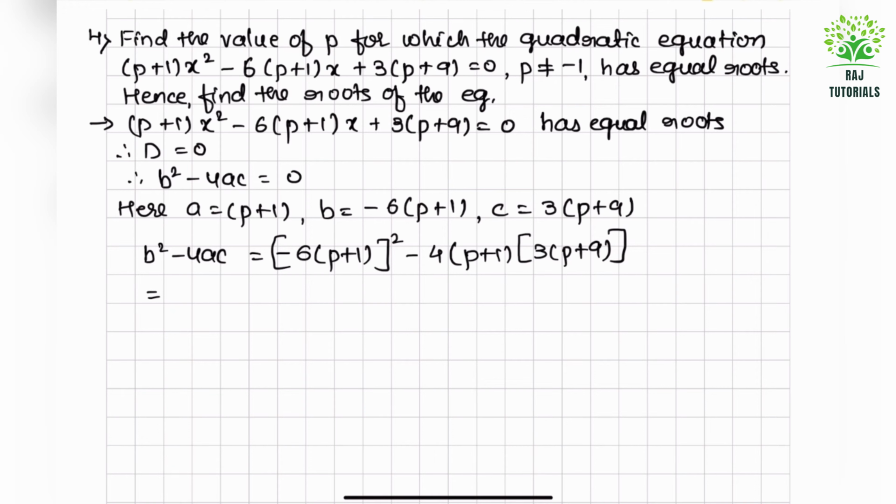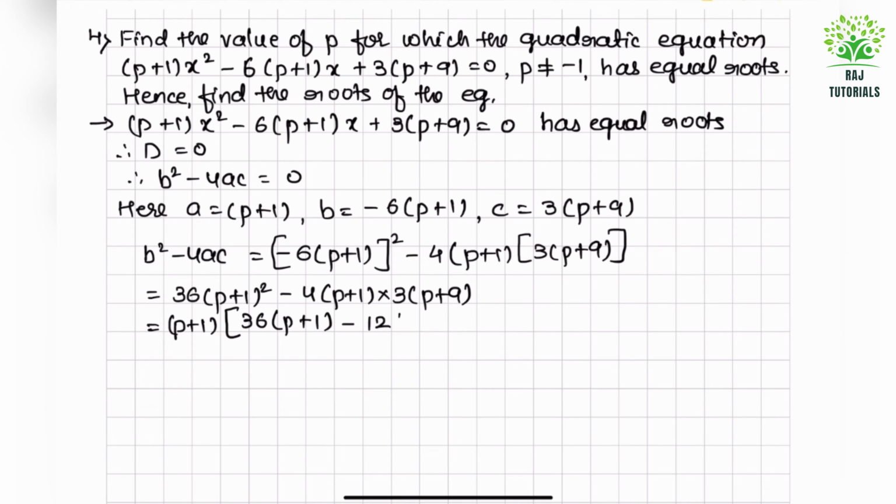So that will be 36(p + 1)² − 4(p + 1)(3p + 9). If I take (p + 1) common, I will have (p + 1)[36(p + 1) − 12(p + 9)].